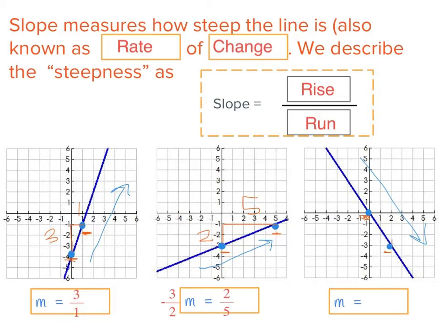So I need to rise 3, and I have to run 2. But see how I had to run to the left? And because I'm moving towards the negative side of my number line, this would be a -2. So that means my slope for this line is -3 over 2.